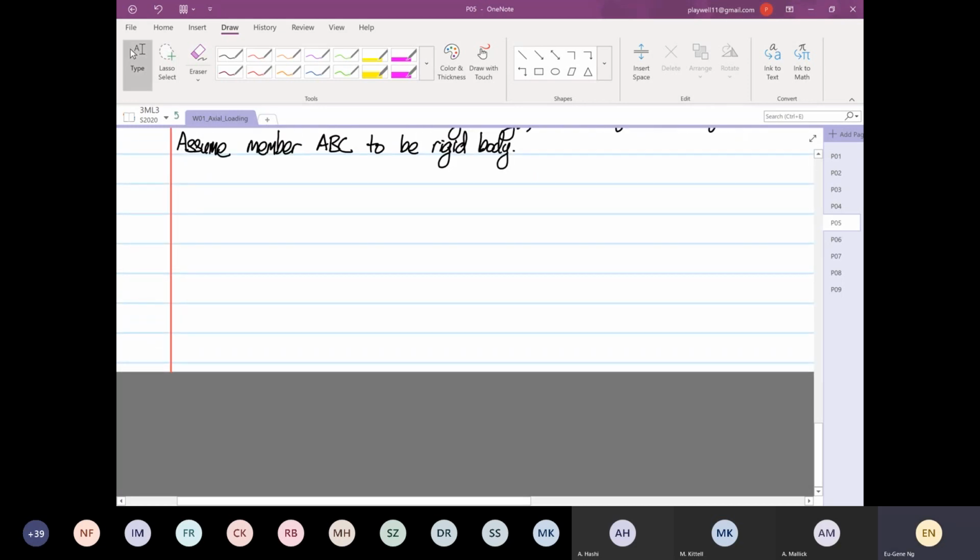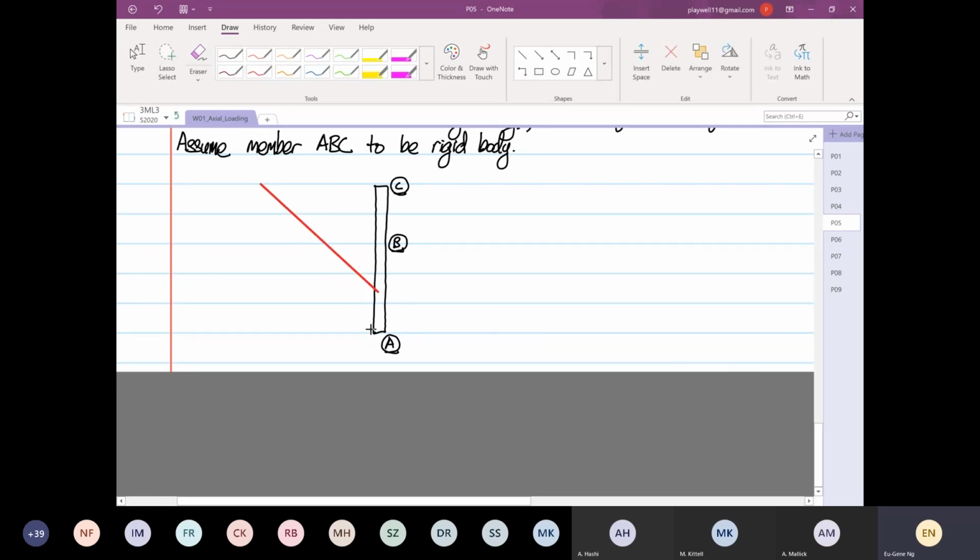So we have our member over here. This is our point A, this is our point B, and this is our point C. And because we make the assumption that it's a rigid body, that's where things simplify enormously for us.